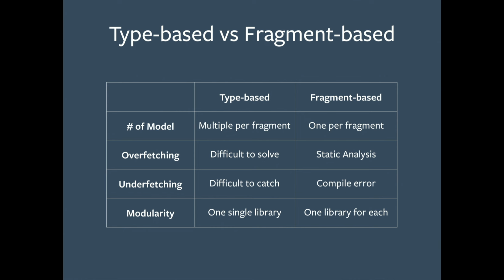Overfetching and underfetching problem, it's very, very difficult to solve when you use type-based model. But in fragment-based model, you solve overfetching by statically analyzing your query being used. And underfetching, you just come across it when you're compiling. And talking about modularity, in type-based model, you have one single giant library, like I told you about. But in fragment-based, you have one library per each fragment, which becomes a lot more reusable.